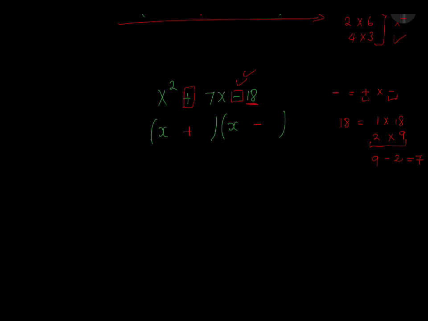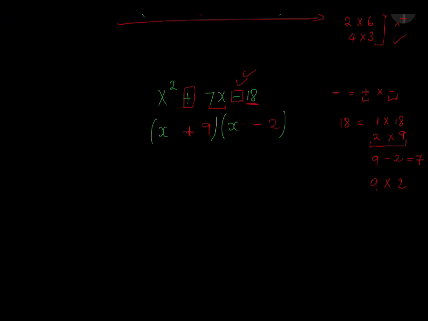So 9 and 2 will be the two numbers that we'll put in these two brackets. Notice that the middle term is positive, so we must put 9 where there's a positive sign, so 9 will come here and 2 will come here.